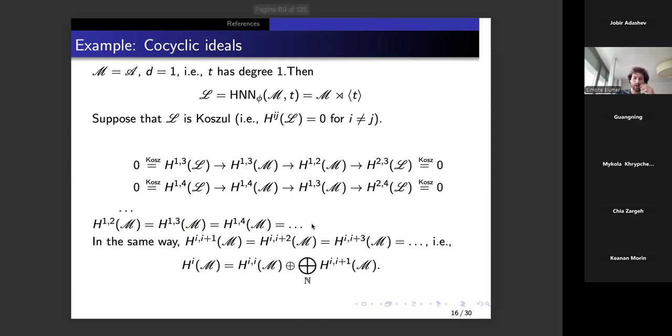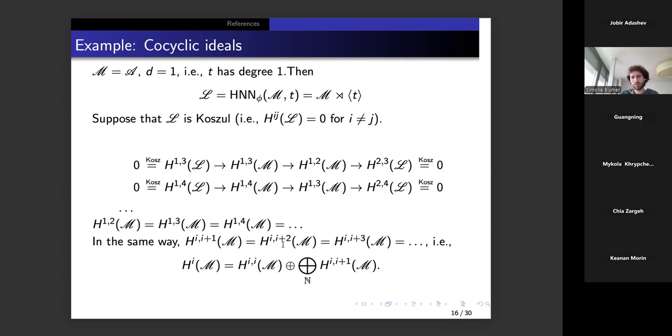And so the ith cohomology group splits as a direct sum of two factors. The first factor is, of course, the diagonal piece. And the second one is an infinite direct sum of equal pieces. Each piece is a non-diagonal homogeneous component of the cohomology.